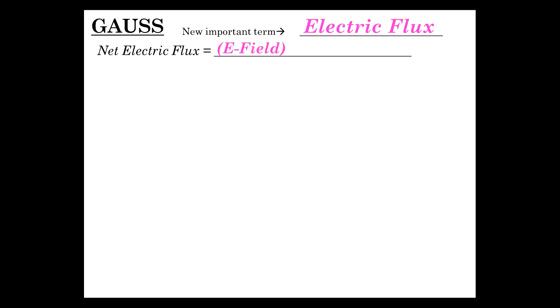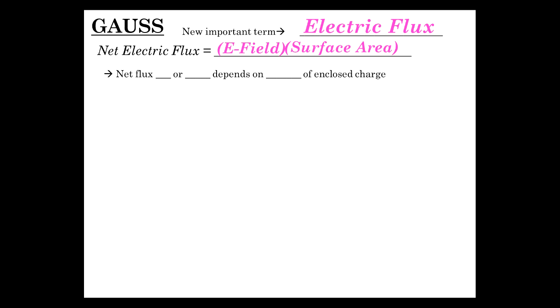Electric flux is E field times surface area. So if I would hold up a hula hoop, and if you imagine wind being perpendicular to that hula hoop, so the wind is flowing directly through the hula hoop, the intensity of the wind times the area of that hula hoop is the wind flux.